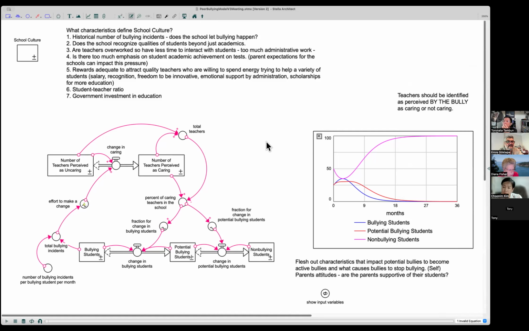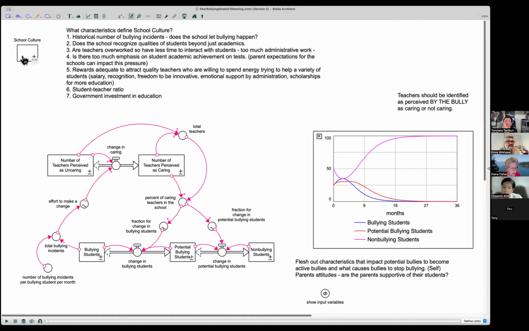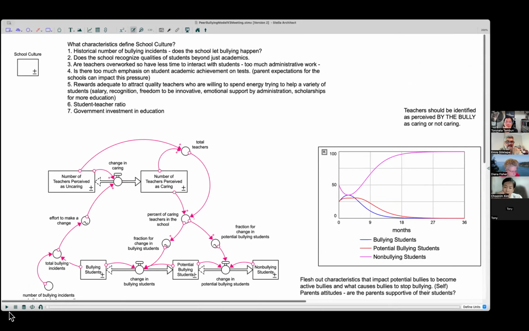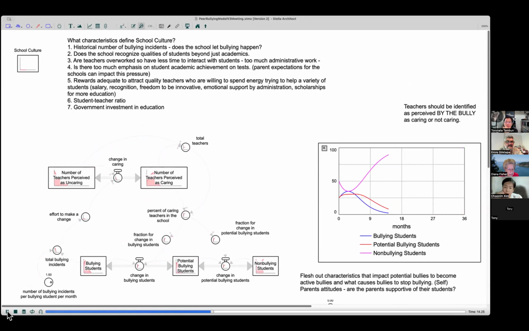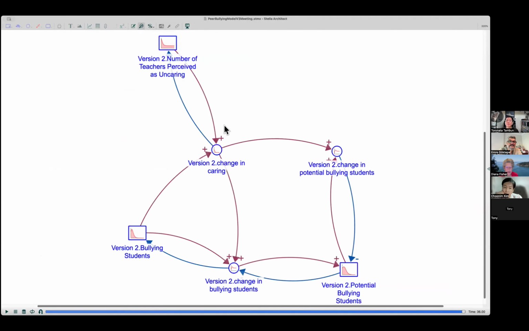There. Okay, and this will depend on not bullying students, but on incidents. And so if I run this now, I have to move this up because it's covering. Okay, if I run this now, I can go up to this CLD view, and here's the causal loop diagram.